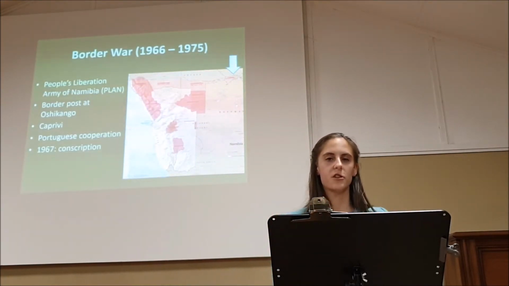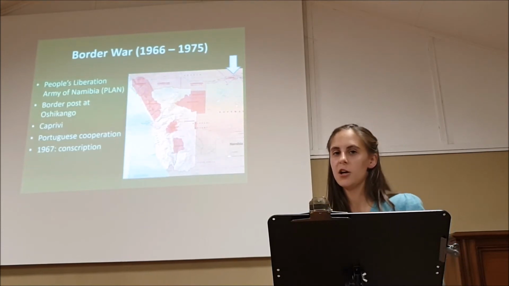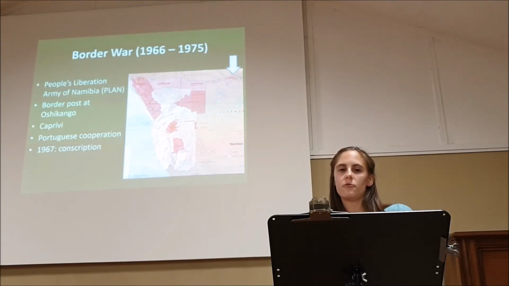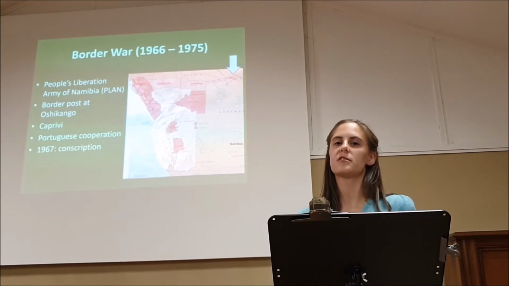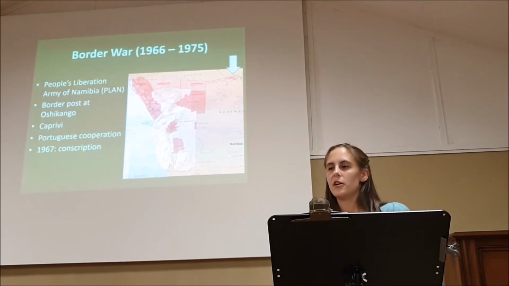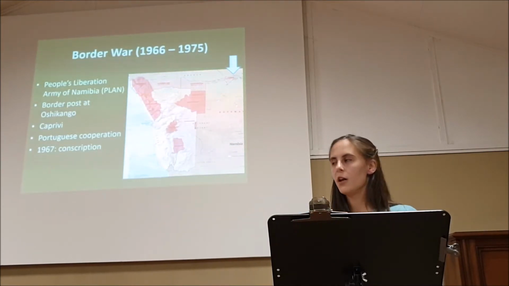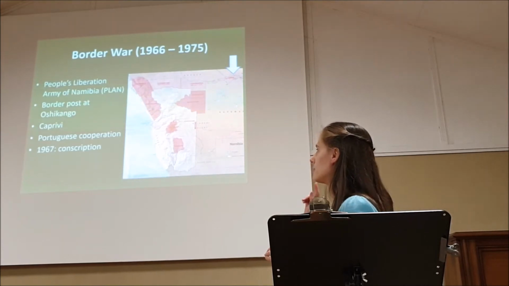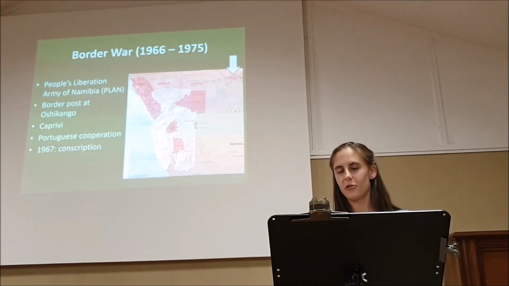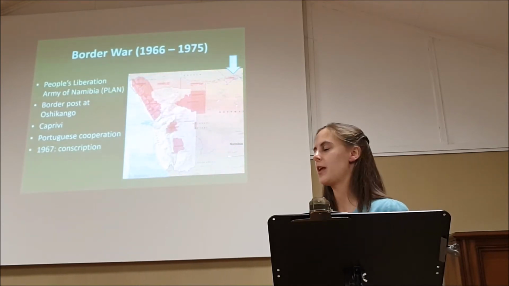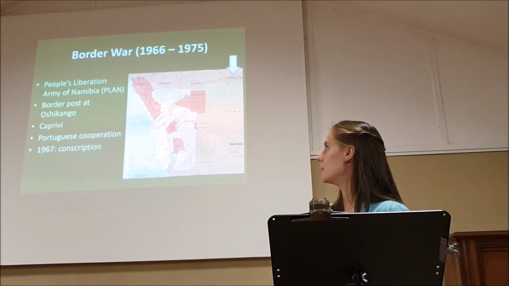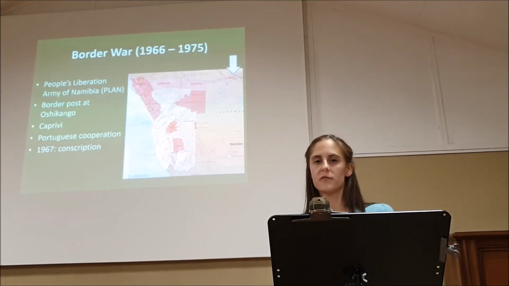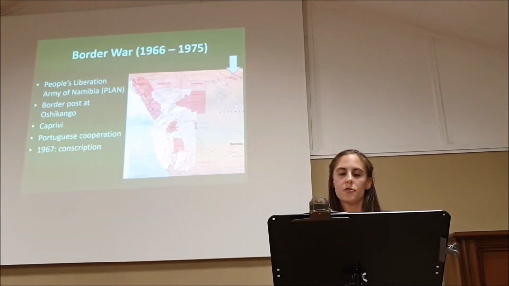Now, Zambia was not too friendly with South Africa, so it was much easier for SWAPO to infiltrate Southwest Africa through Zambia than through Angola. Why Angola? Because of the Portuguese. So Angola was still Portuguese, and the Portuguese military cooperated often with the South Africans to prevent SWAPO infiltrations into Southwest Africa.